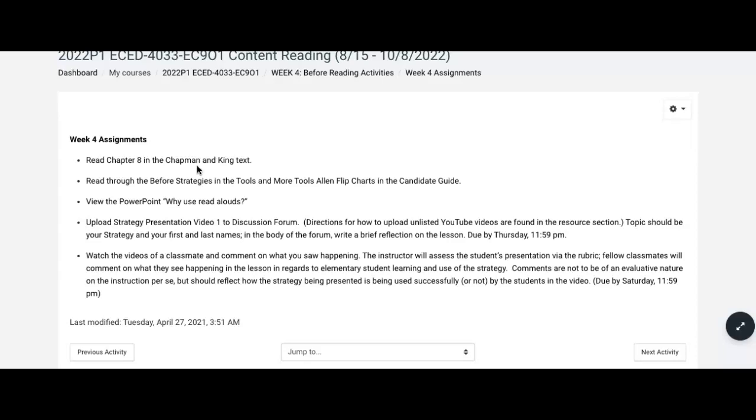I would like for you, if you haven't already, to read through the before strategies in the Tools and More Tools Allen flip chart. That is the gold color one.